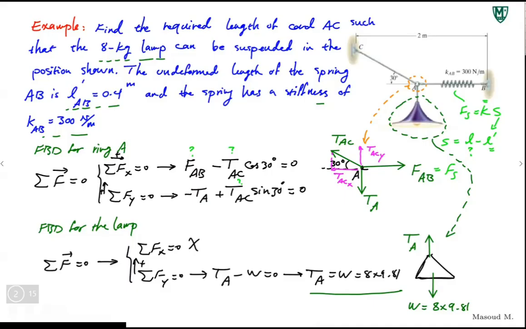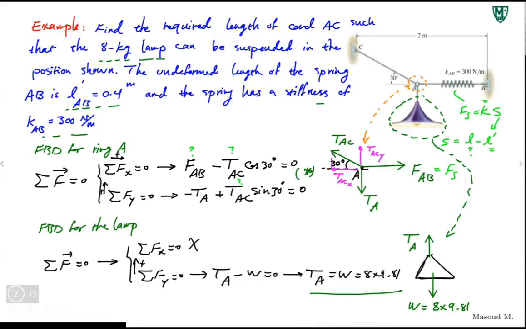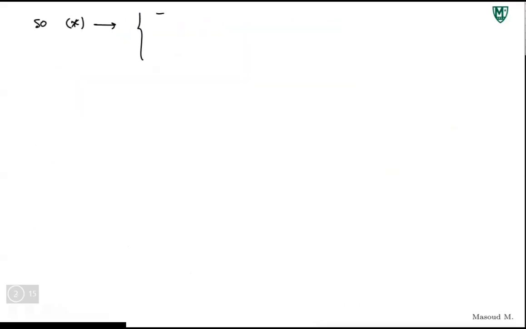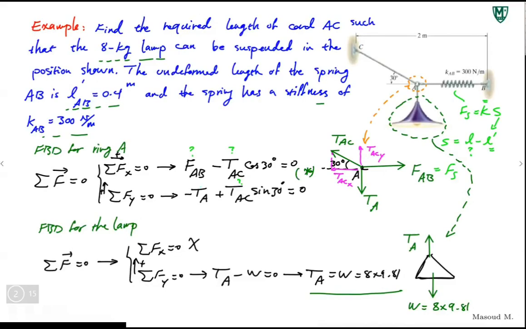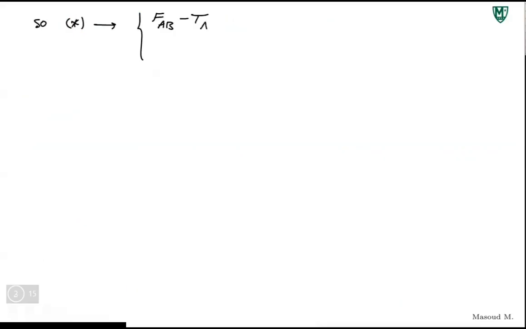I'll call it star. So star becomes, there you go. The first part is FAB, which we don't know. So the first equation still stays the same, minus TAC cosine 30 degrees is equal to 0.